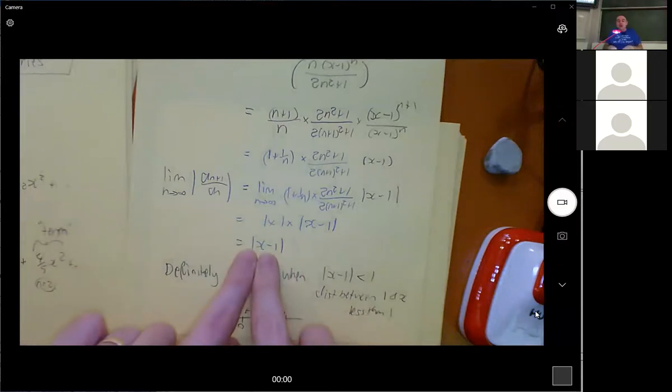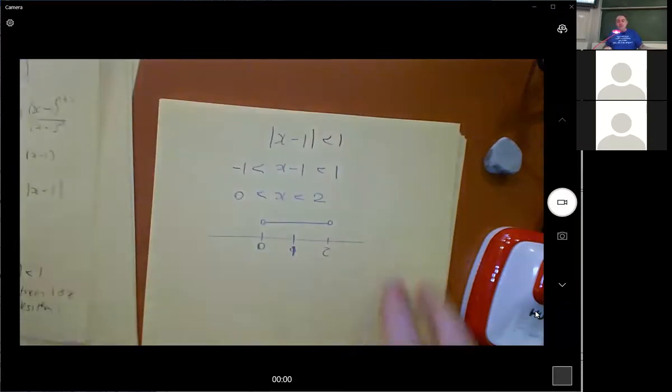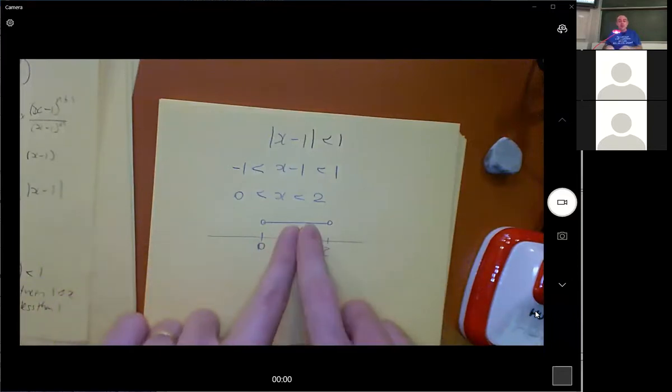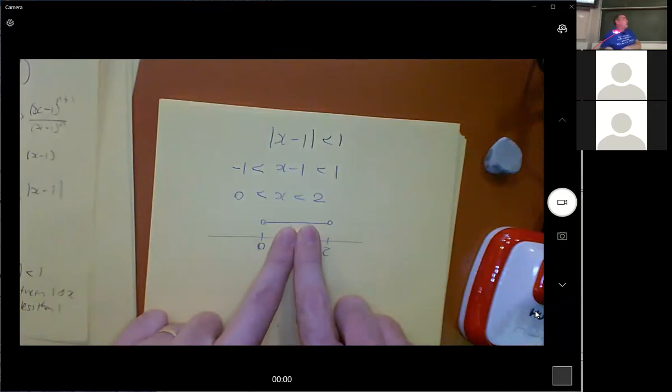And if x is exactly equal to 2, then this answer comes out to 1, and so the ratio test again tells us nothing. That's why you have to separately check the endpoints, because they're guaranteed to produce exactly 1 when you do the ratio test. Any number outside of this is guaranteed to produce more than 1, and any number inside is guaranteed to produce less than 1.